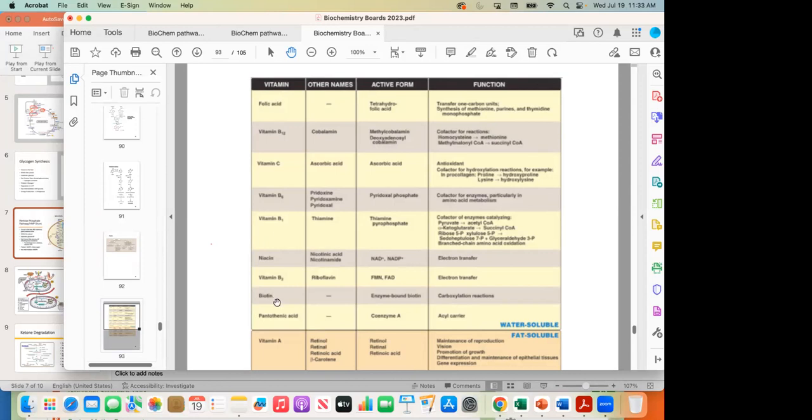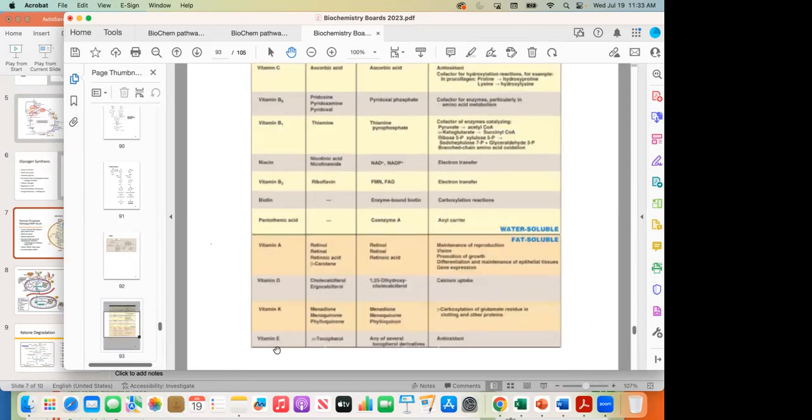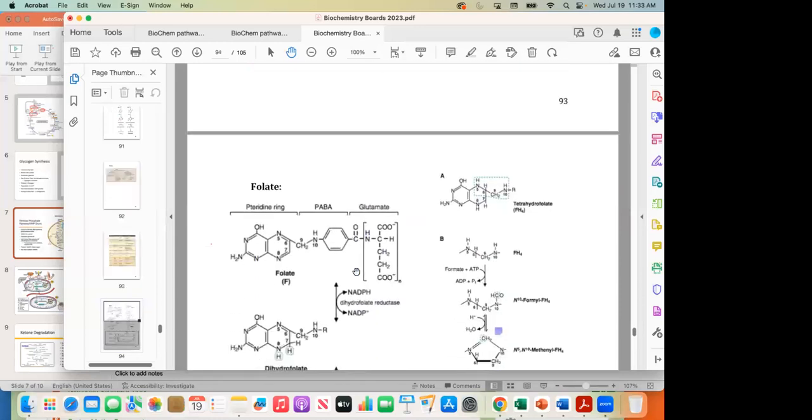So we can see where they could be biochemically utilized. That's the active form versus the common vitamin name. Same for our fat soluble vitamins. You'll often see ergocalciferol or cholecalciferol instead of vitamin D on these tests. So that's where this table could be helpful, just for name recognition.